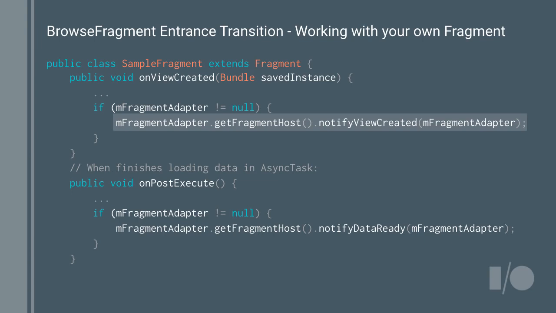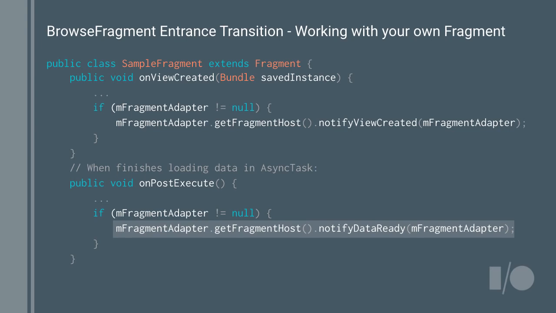So remember, you need to call start entrance transition to tell browse fragment that all the data inside the browse adapter is ready. So here, your custom fragment needs to call an additional method, notify data ready, to tell the browse fragment that the data inside your custom fragment is ready. And then browse fragment can do the transitions.